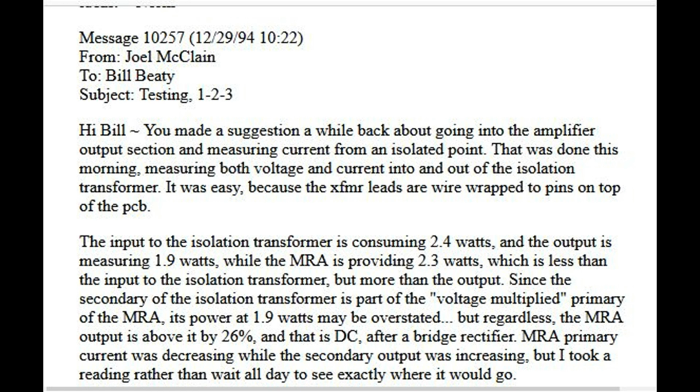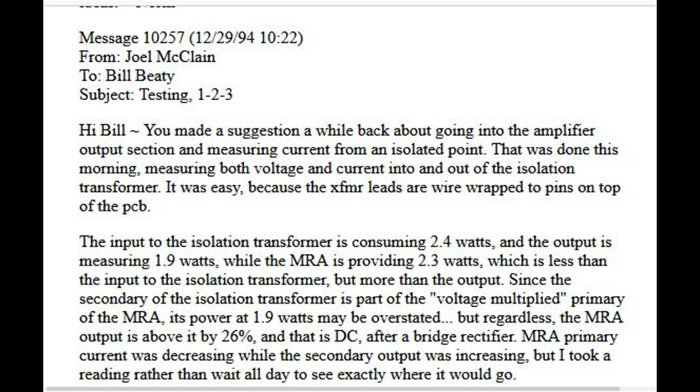Message 10257, December 29, 94, 10:22. From, Joel McLean. To, Bill Beatty. Subject, testing, 1, 2, 3. Hi Bill. You made a suggestion a while back about going into the amplifier output section and measuring current from an isolated point. That was done this morning, measuring both voltage and current into and out of the isolation transformer.